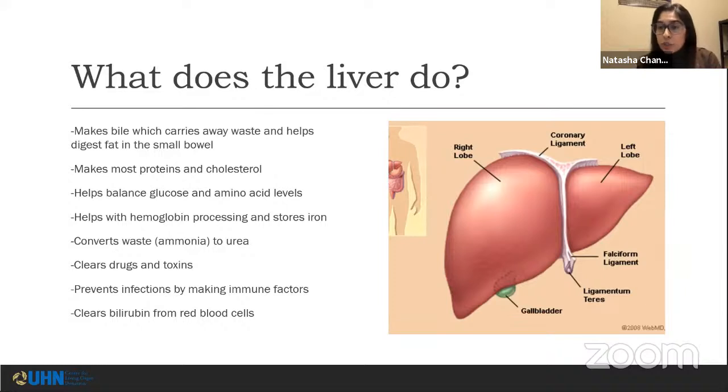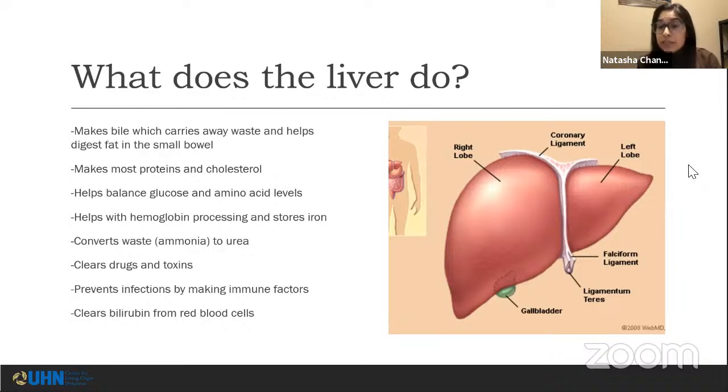The liver is also an organ which metabolizes the majority of drugs and toxins. Additionally, we often don't remember this, but the liver is a very important organ in our immune system, and it's responsible for making immune factors which help us overcome infections. And finally, the liver helps conjugate and metabolize bilirubin from red blood cells.